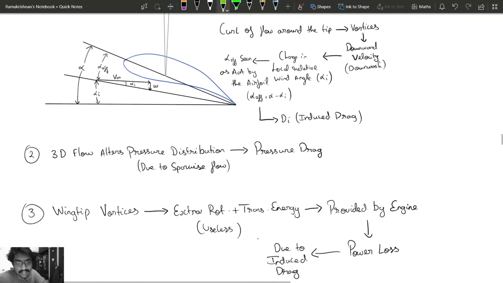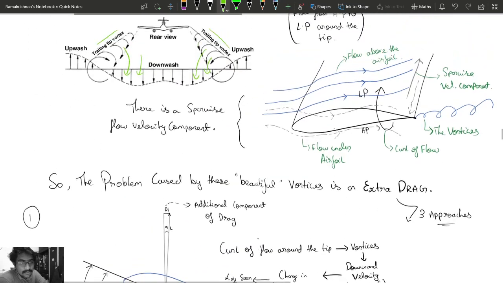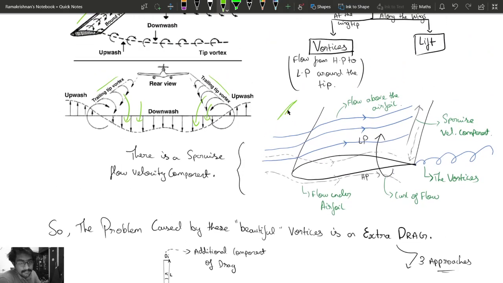We'll see that later. And the second approach is, let's look at this diagram here. This is a representation of a 3D airfoil, and the airfoil extends into the page. The blue lines represent the streamlines over the airfoil, and the gray dotted lines represent the flow underneath the airfoil. The flow and the airfoil are truncated at this point. So we can see that the flow beneath the airfoil, which is a high pressure flow, tries to curl around the wingtip, and it moves in the span-wise direction.